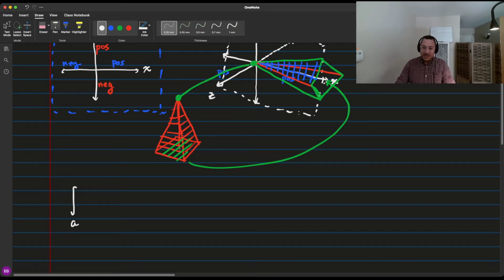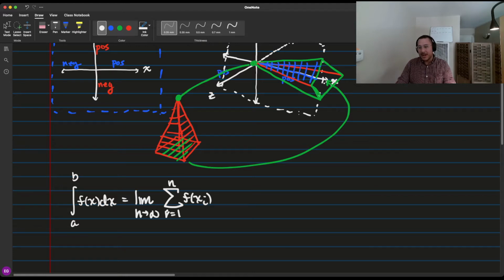The definite integral was written like so, the integral a to b of f of x dx. And what was that defined to be? The limit as n goes to infinity of the sum of i equals 1 to n of f of xi times delta x, right?